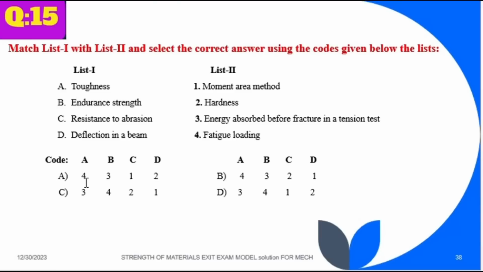A: 4, 3, 1, 2. B: 4, 3, 2, 1. C: 3, 4, 2, 1. And D: 3, 4, 1, 2. For list 1 we have codes here, and for list 2 we have codes here, and which pair exactly explains the meaning of each term.